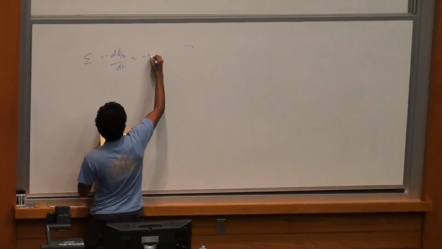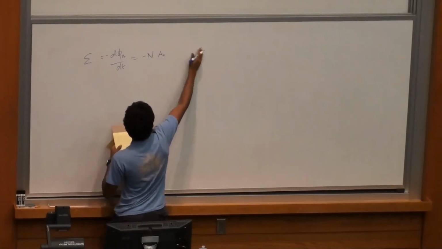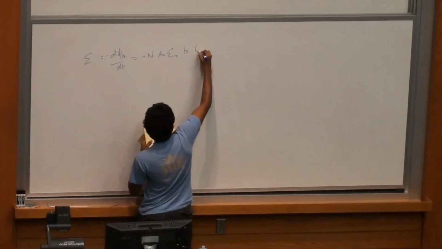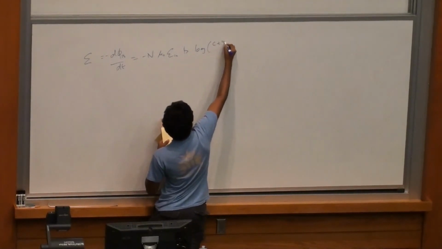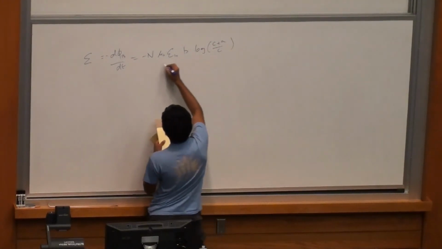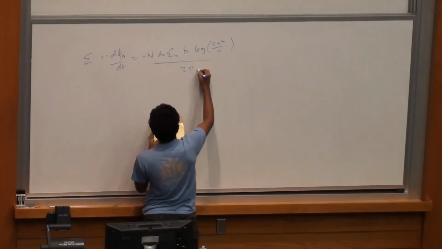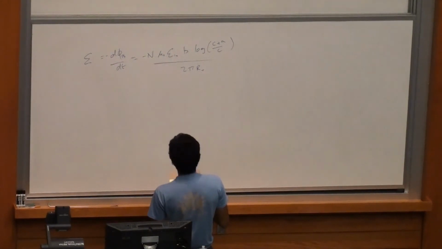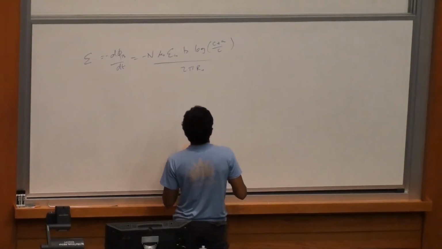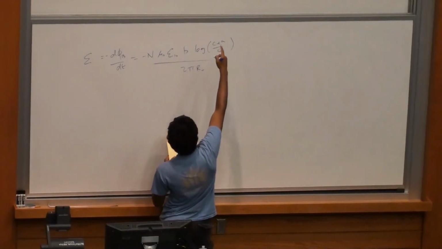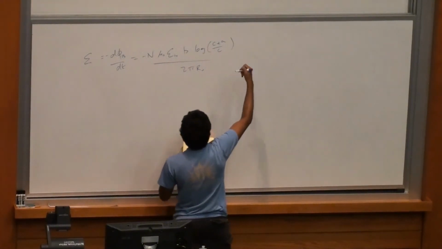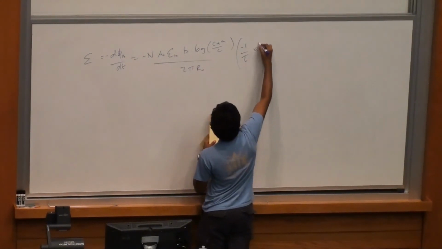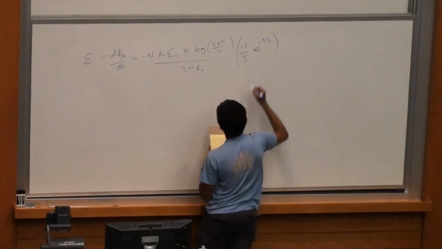This is going to be equal to negative N mu naught epsilon B times B log of C plus A over C, all over 2 pi R naught, and I have the e term there, so when I take the derivative of that, I get negative 1 over tau. So I get negative 1 over tau e to the negative t over tau.